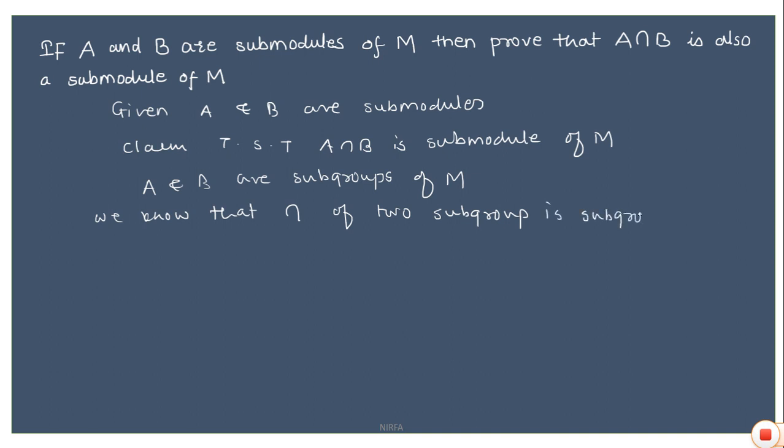Using this result from group theory, we can declare that A intersection B is a subgroup of M.